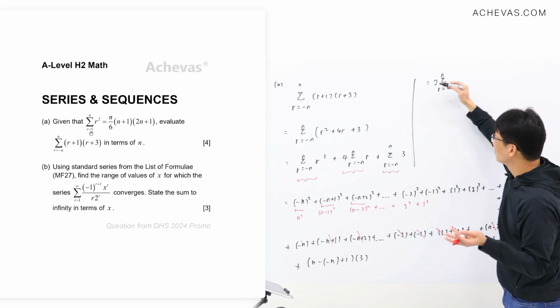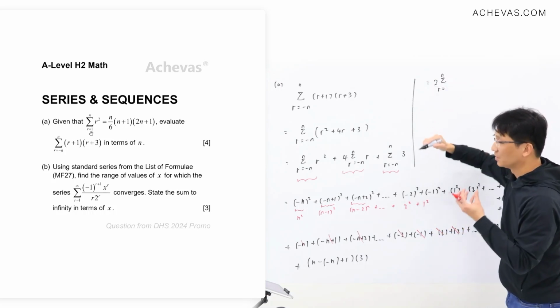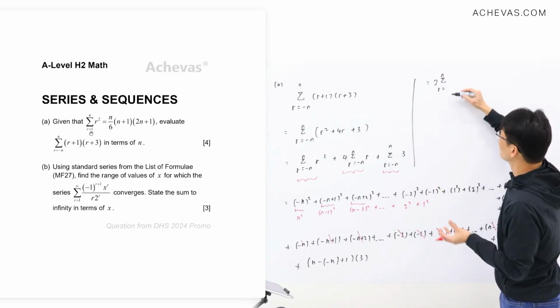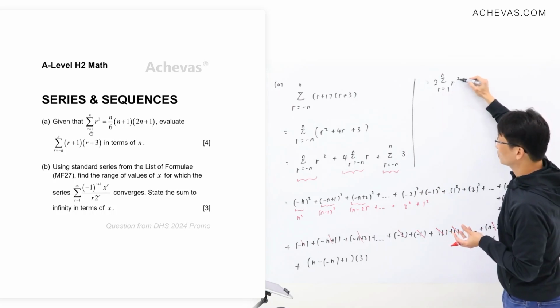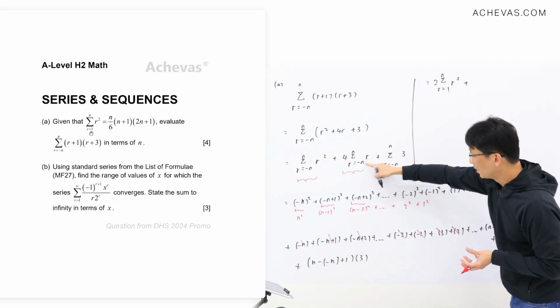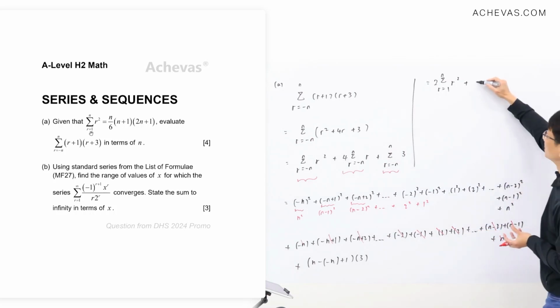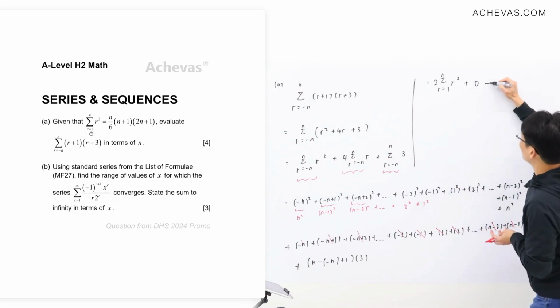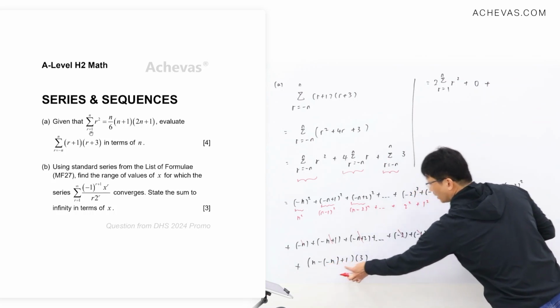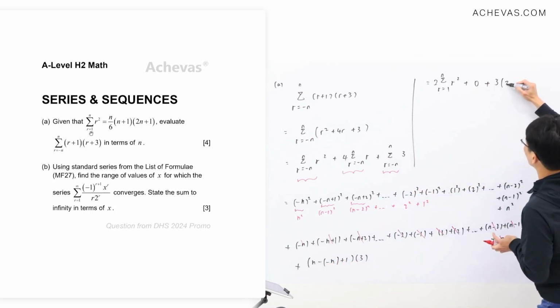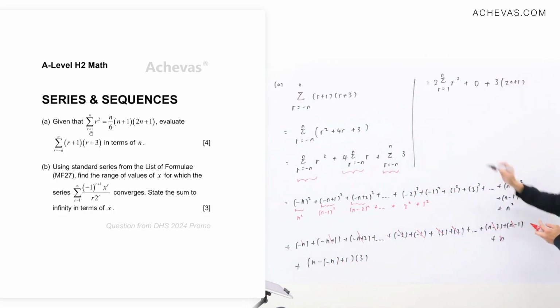You can write it as r equal to 0, but it's not necessary because the value of the 0 term is 0. I already determined the value of this, and this will end up becoming 2n plus 1. I'll just get 3 times 2n plus 1.